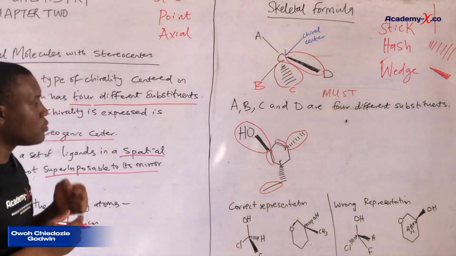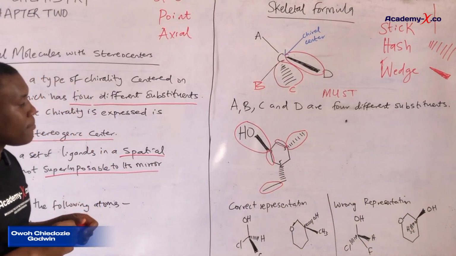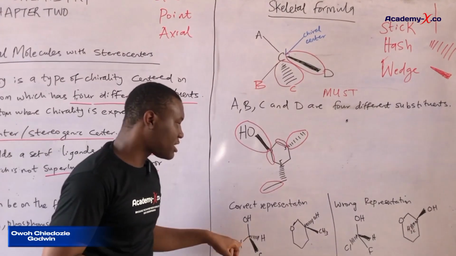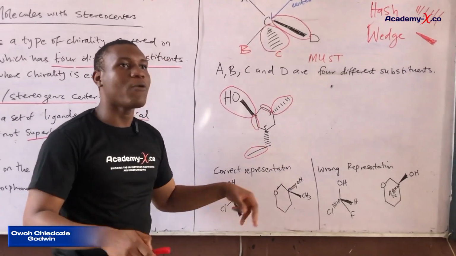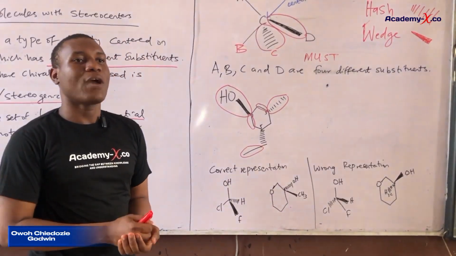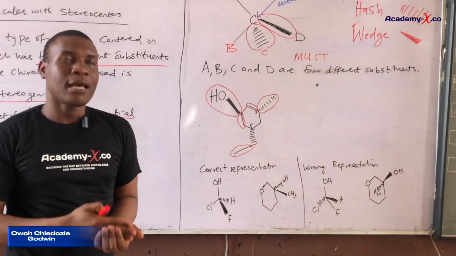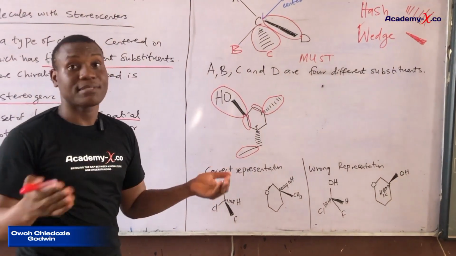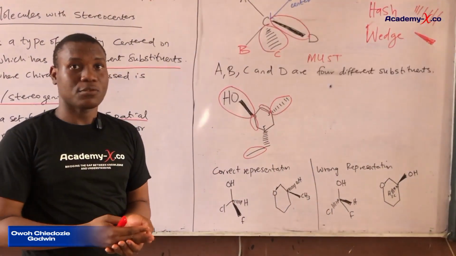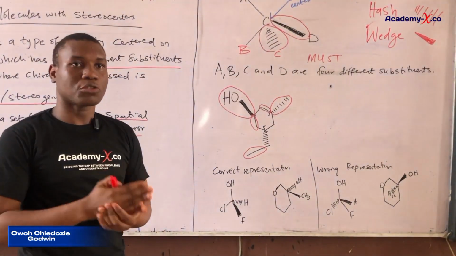So let us look at how we can comfortably present this hash and wedge bond in a way that when we are drawing the skeletal formula, we are not going to lose marks, because you know that the exams are now paper-based. So you must draw these structures in your exam.